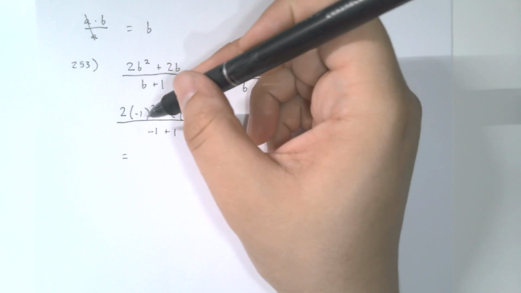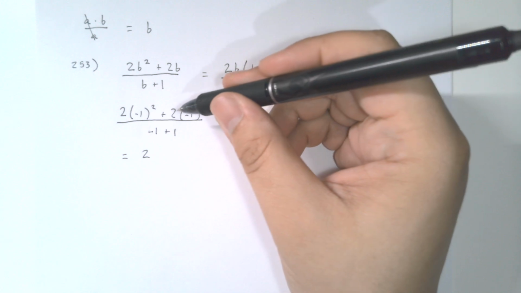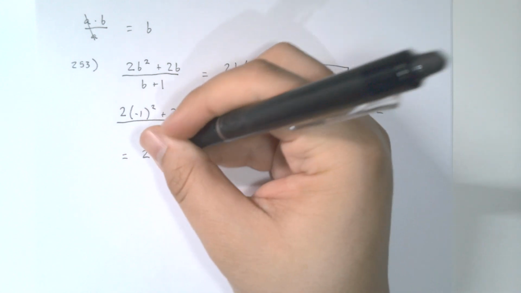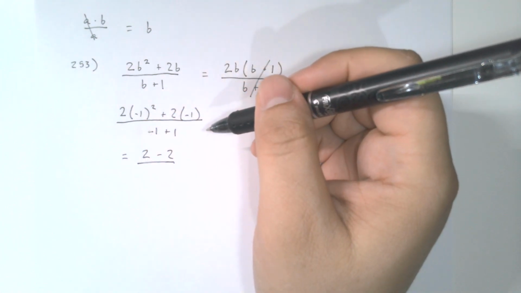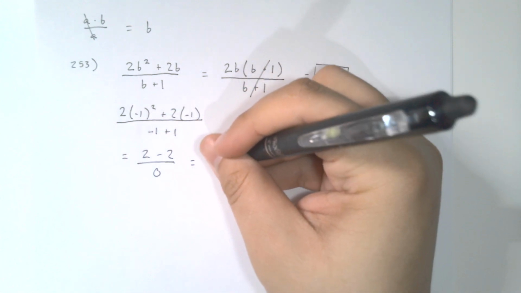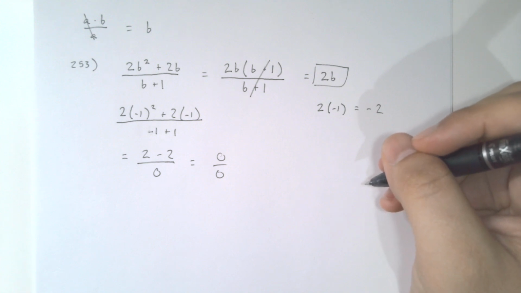And maybe you see the issue already, but if you don't, that's okay. We have 2 times negative 1 squared, well, that's just 2. And we have 2 times negative 1, which is minus 2. And then we have negative 1 plus 1, which is 0, and 2 minus 2 is 0, so we have 0 divided by 0. And that's a problem, because what is 0 divided by 0?